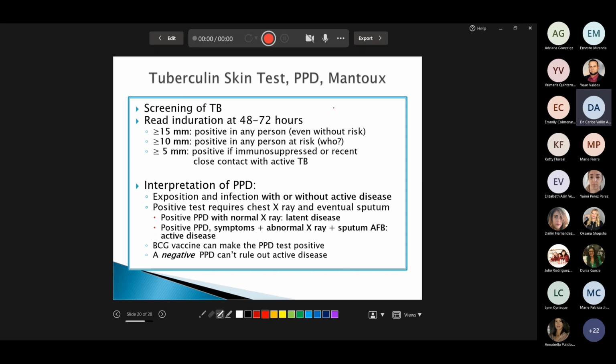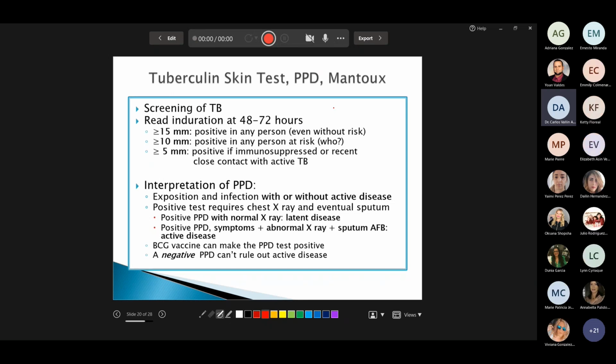You are going to look for induration, for a wheal, for a lump. You don't pay attention to the erythema. And then if there is a wheal or a lump, you need to measure it carefully with a ruler in millimeters. And you are going to interpret this measurement.